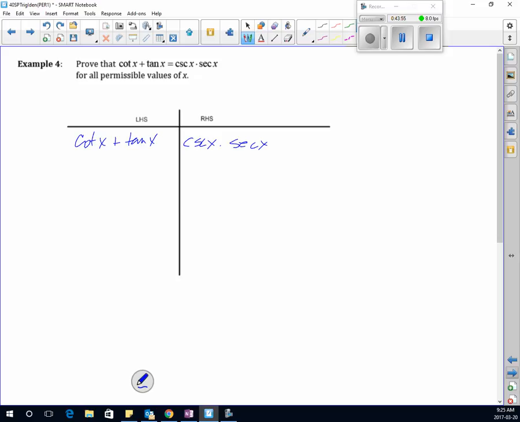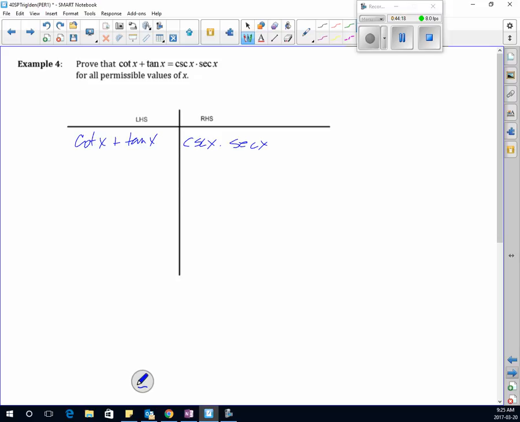Which one's more complicated, a multiplication or an addition? Addition. Addition is complicated because? Yeah, well, usually it'll involve some fractions too, which you have to get common denominators for and all that stuff, right? Okay, so what do you want to do on the left side? Change it, right? So don't put thetas now.